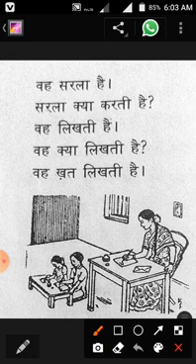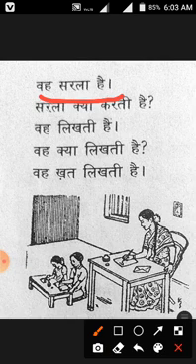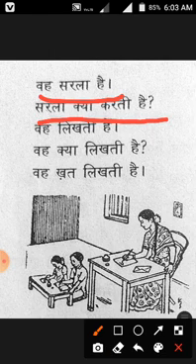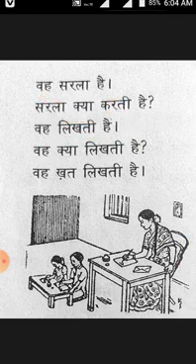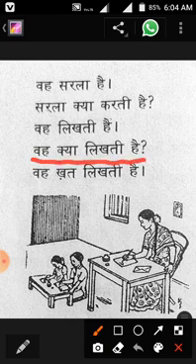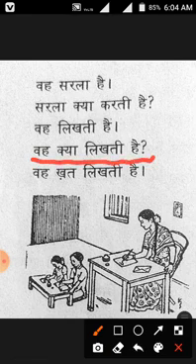For example, look at वह सरला है. वह means she. She is सरला. सरला क्या करती है? What does सरला do? कर means do. वह लिखती है. She is writing. लिख means write. So you should add ती है: लिखती है. वह क्या लिखती है? What does she write? Here also ती है, लिखती है.